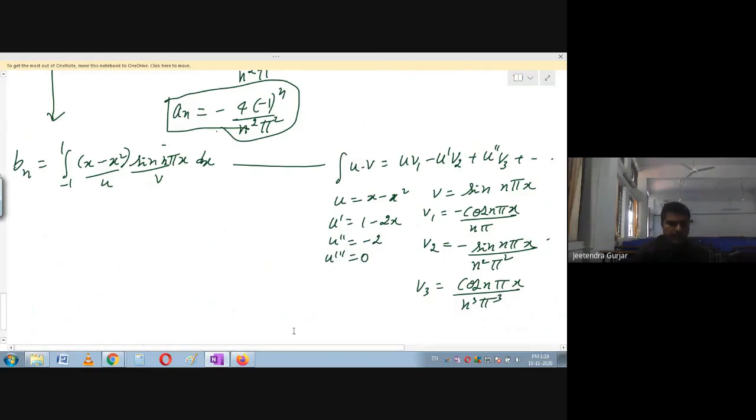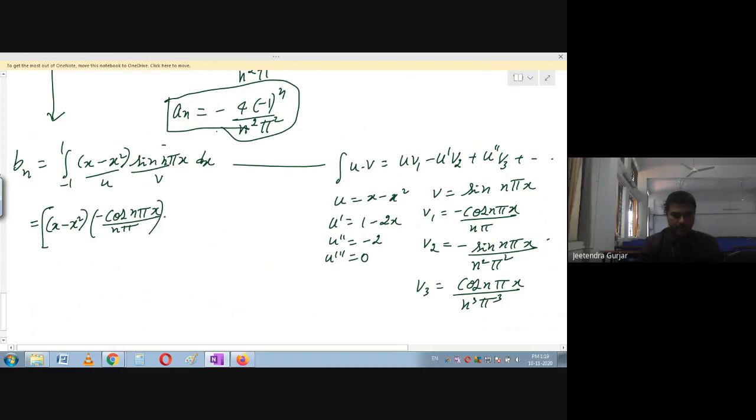Substitute the values, students, in the integration of u into v. First keep u as it is. Sine n pi x integration gives minus cos n pi x upon n pi.